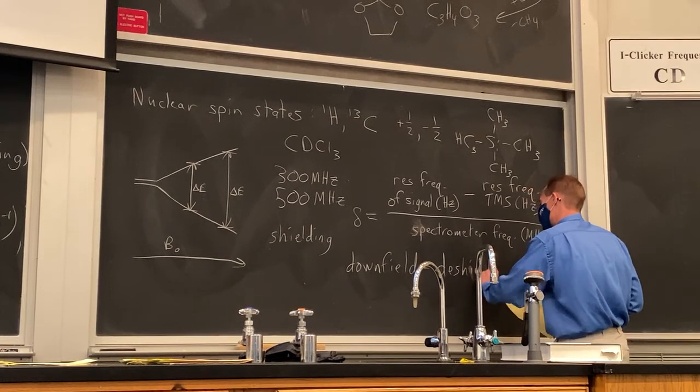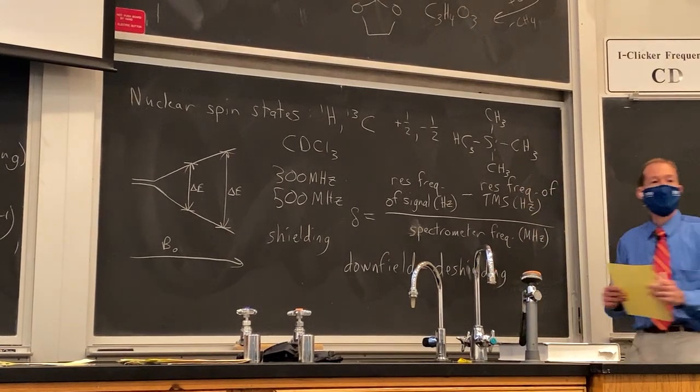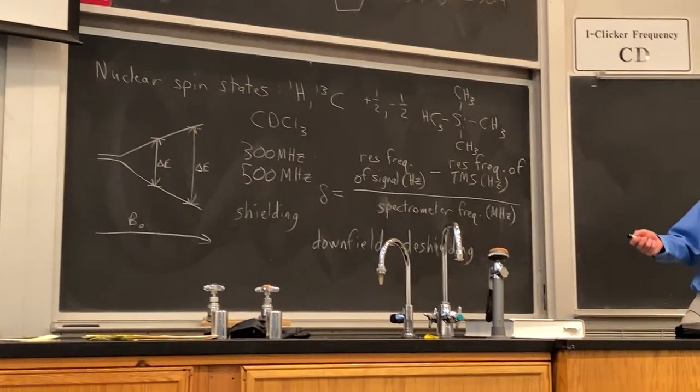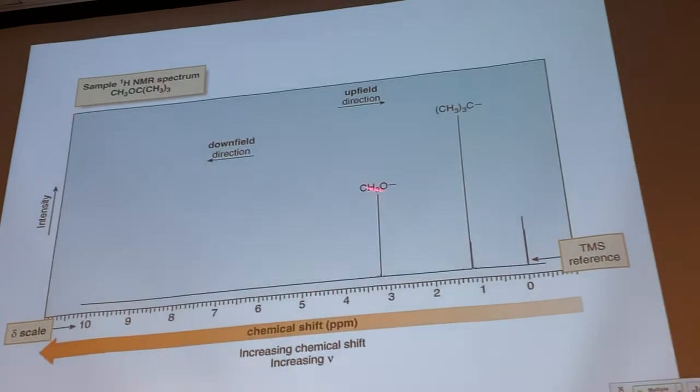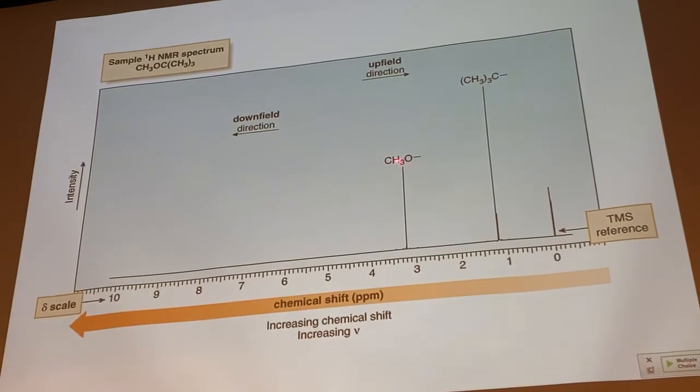Okay, so at least that makes sense. Okay, so if we see a signal that is downfield, because this oxygen is electronegative, it's pulling on the electrons in the carbon-oxygen bond, this methyl group is de-shielded compared to these methyl groups, right? That's why it shows up more downfield, okay?